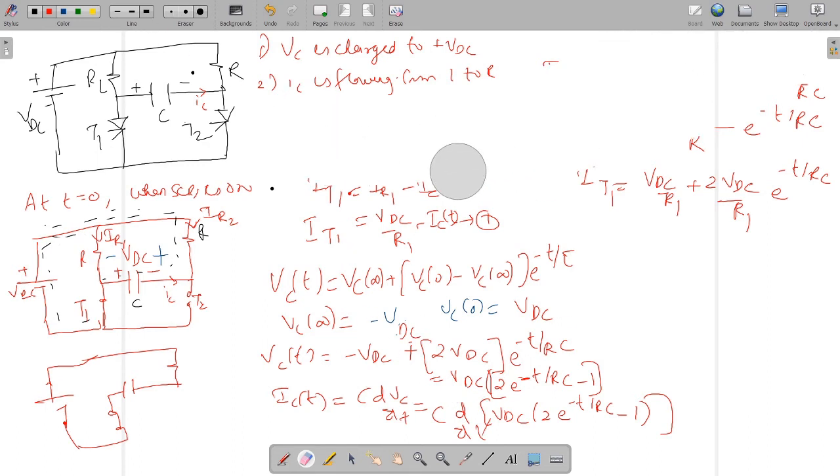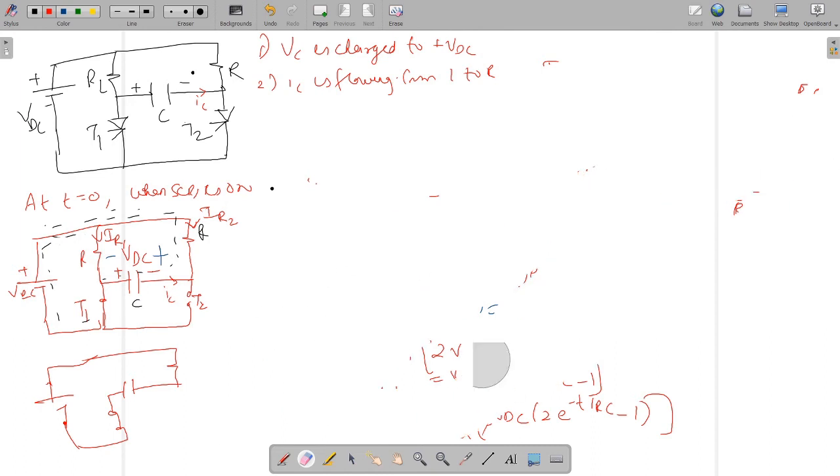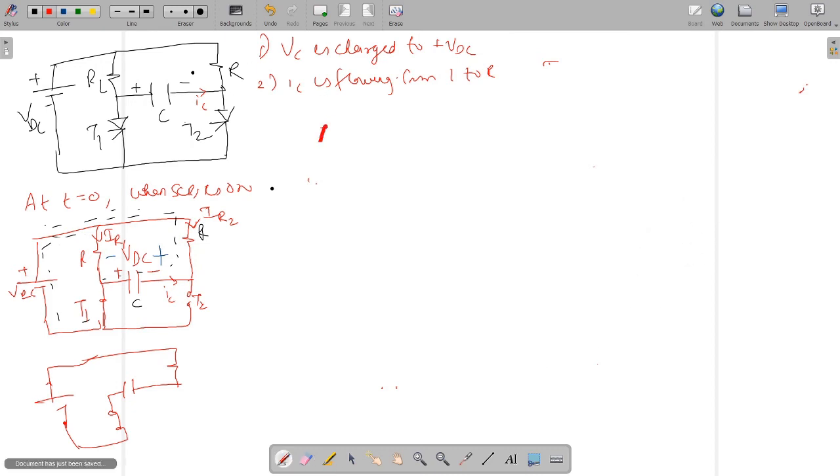Now we will try to find the circuit turn-off time, and for that you will have to understand the meaning of it. Circuit turn-off time means the time for which your SCR is in the reverse bias condition.